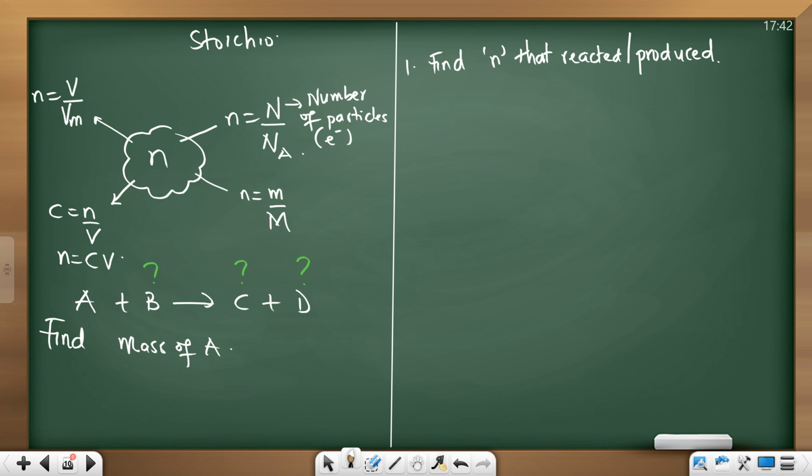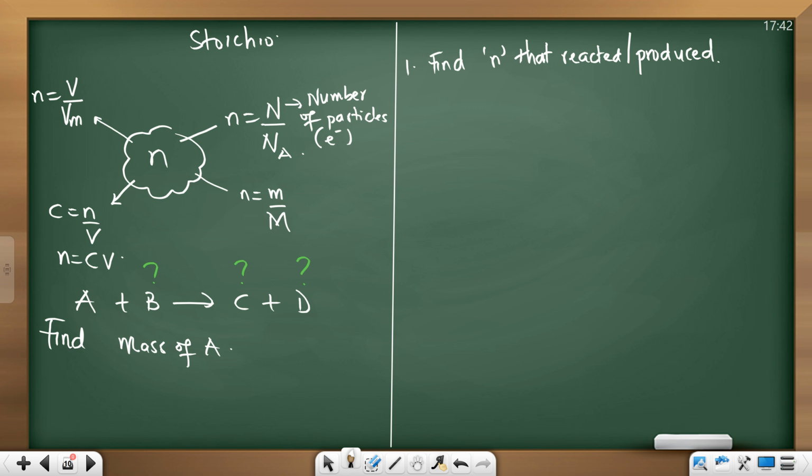Do I have that of D? If it is B, it will be reacted. If it is C or D, it will be produced.